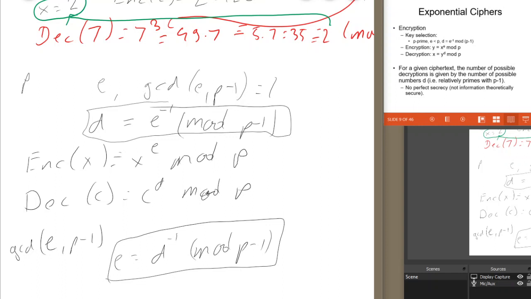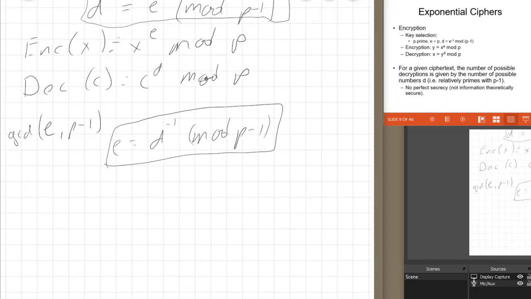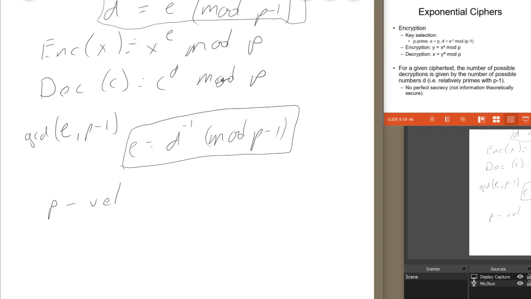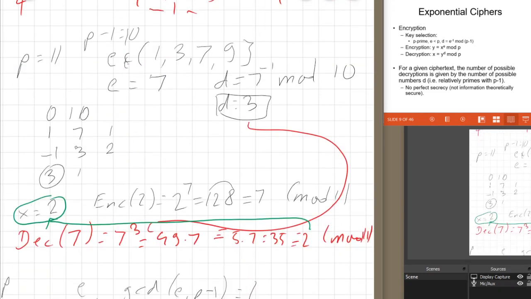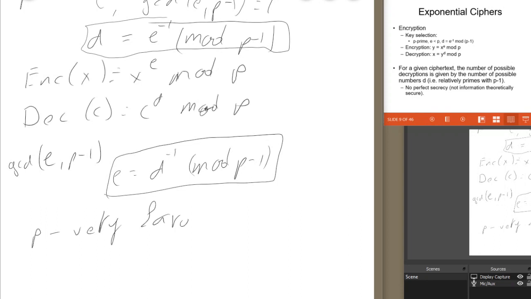If the prime p is very large, in that particular case we can have some confidence that an attacker will not be able to raise the ciphertext at all possible numbers relatively prime with p minus 1, and therefore some security, computational security, is achieved, not perfect secrecy.